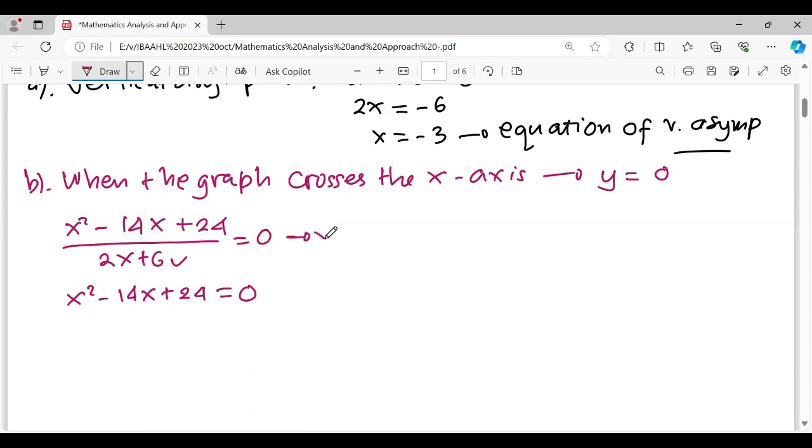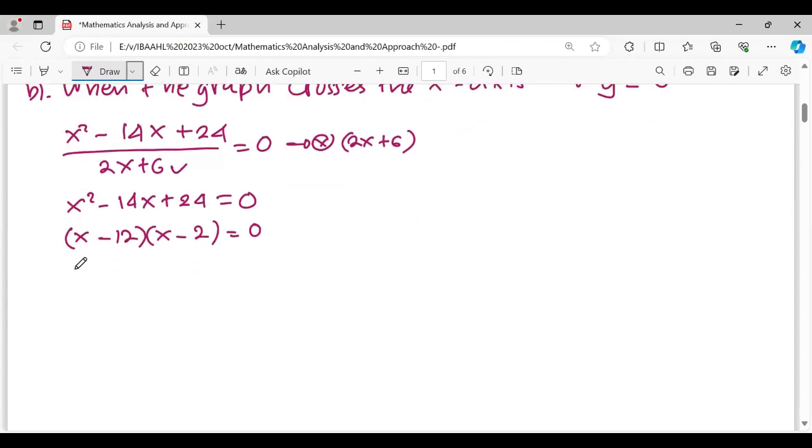If we multiply by 2x plus 6, right? After that, factorize this, equals 0. It is minus 12 and minus 2. So x equals 12 or x equals 2.